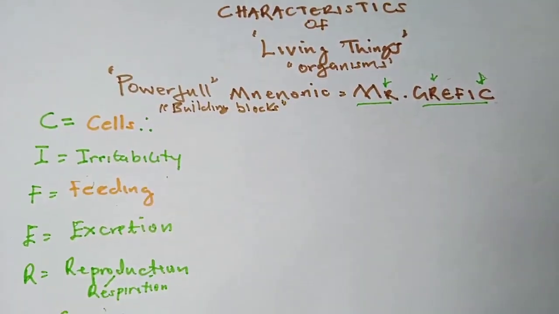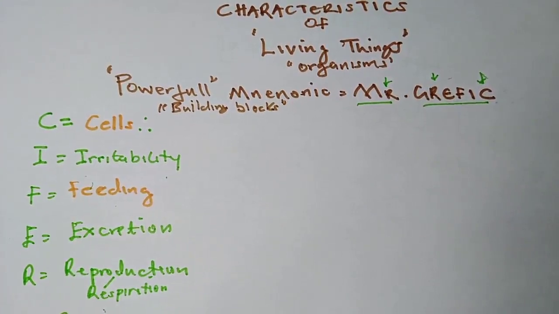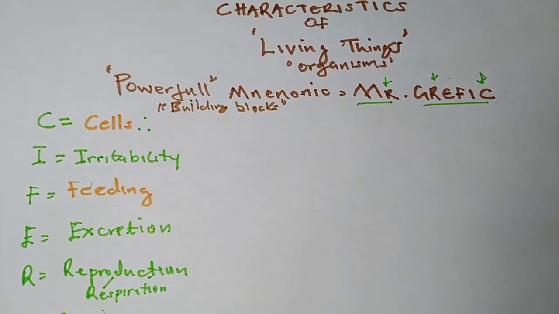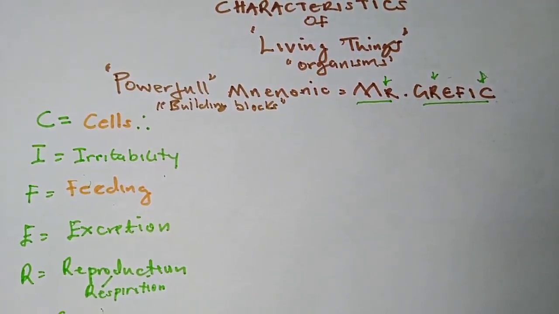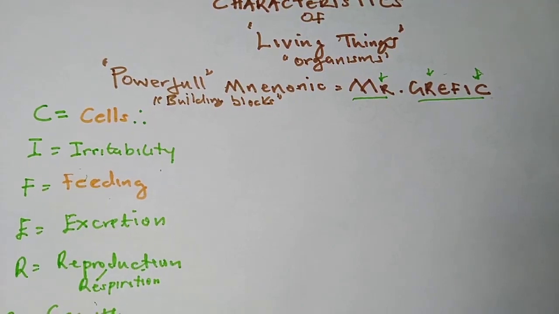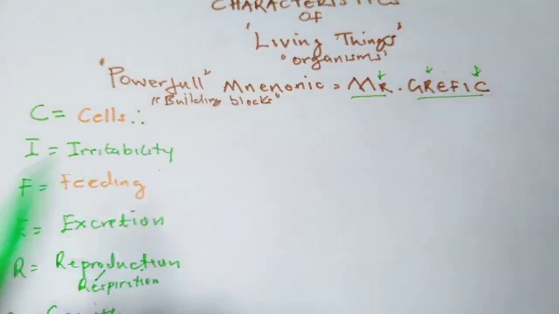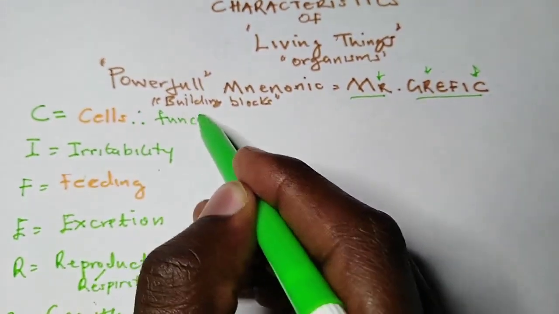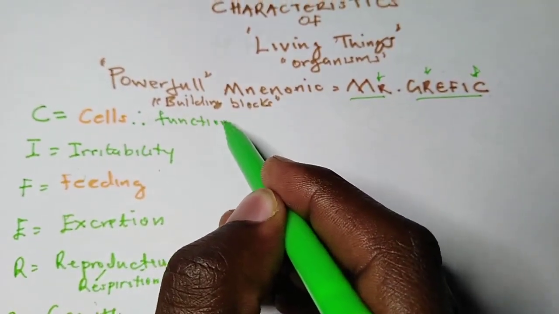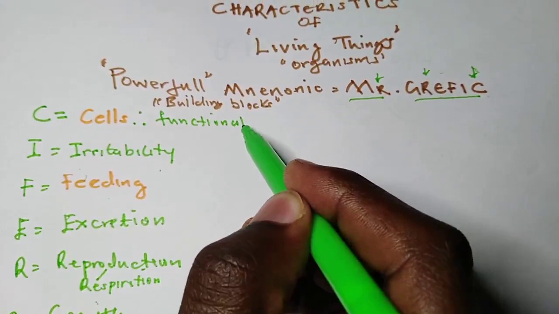Now cells, according to biology, a cell is a functional basic unit. Very important, high-yield. So when you define a cell, remember to start with functional. All cells have got functions.